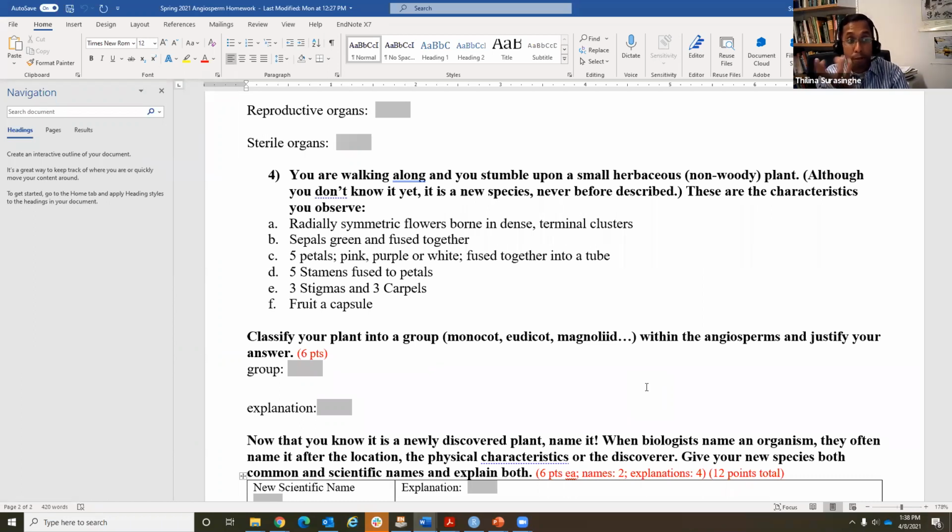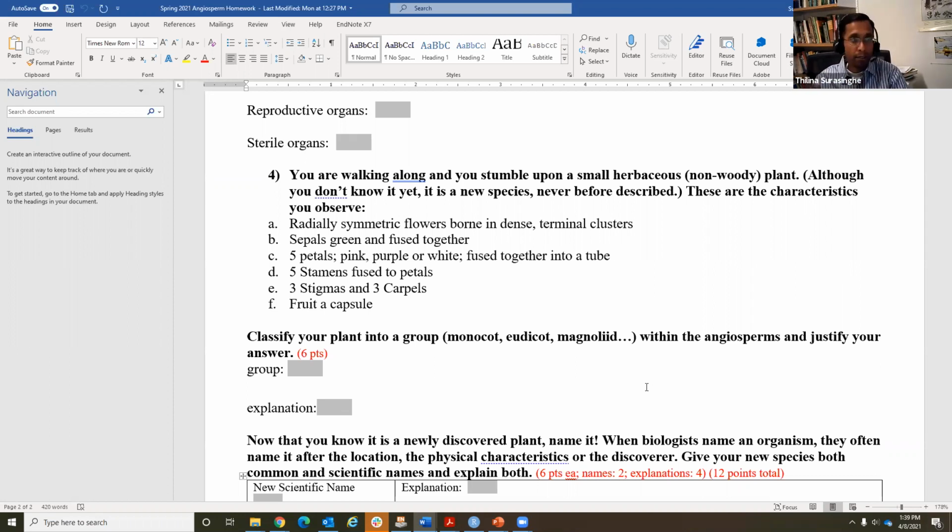What genus has fused petals? What are the genus that produce capsule fruits, capsule fruits with 3 carpels, with 3 stigmas? Google those terms. Are those genus or genera? Can you think of a genus that fits into those categories? Not all of them.